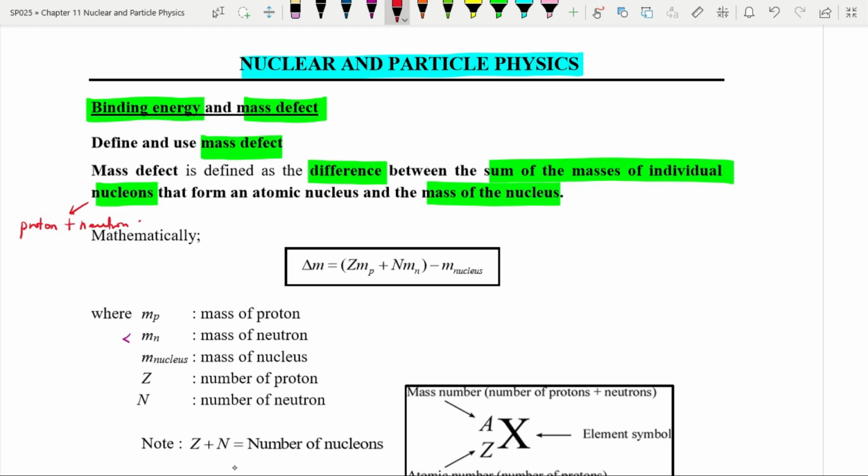We have to total up these masses because each atom has a different number of protons and neutrons. Then we minus the mass of the nucleus. So before we form the nucleus, we total the masses, and after we form the nucleus, we subtract these two masses, and that will be the mass defect.